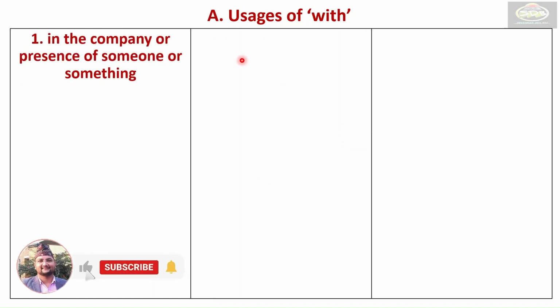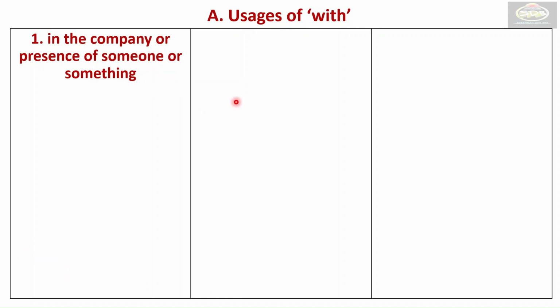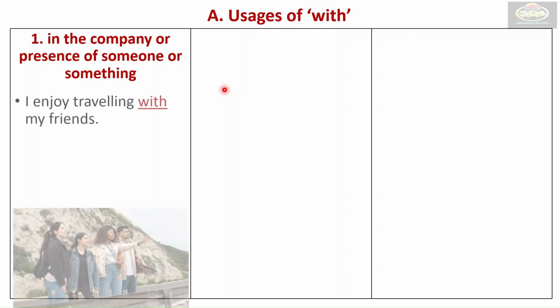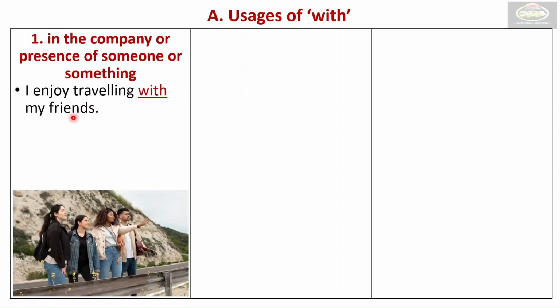The first use is in the company or presence of someone or something. It means to refer to accompaniment or togetherness of someone or something. For example, I enjoy traveling with my friends. With my friends means together with my friends, in the company of my friends.